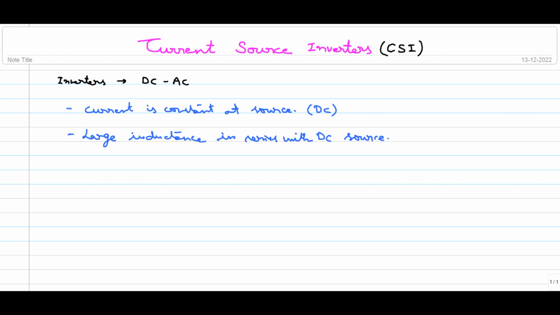Now what generally happens is that we get the DC supply from the AC input through a controlled or uncontrolled, maybe diode, bridge rectifier.